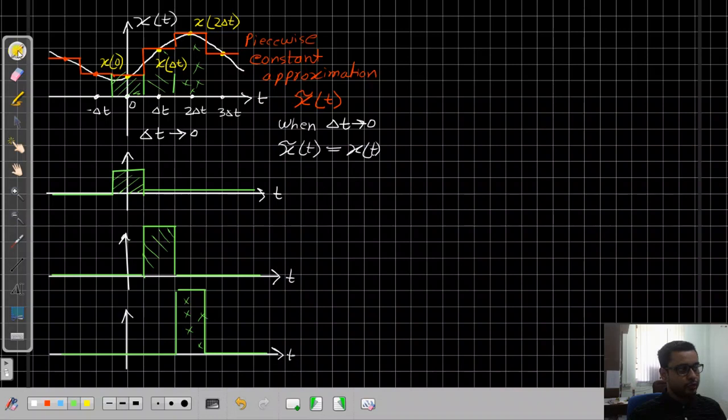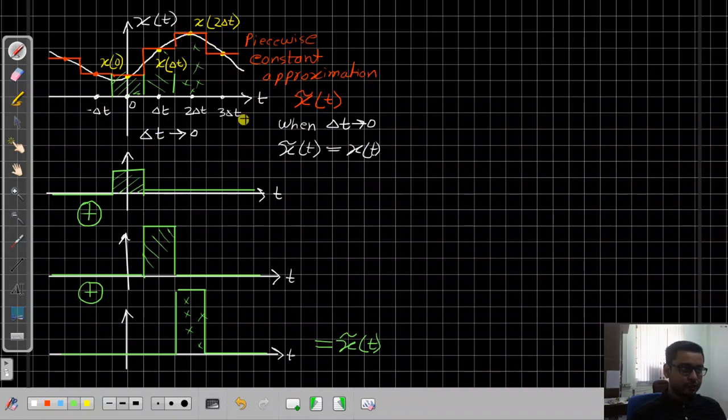Now, if you add all these signals, this plus this and so on, all other parts corresponding to this region and so on, then that will result in x tilde(t), this red colored signal.